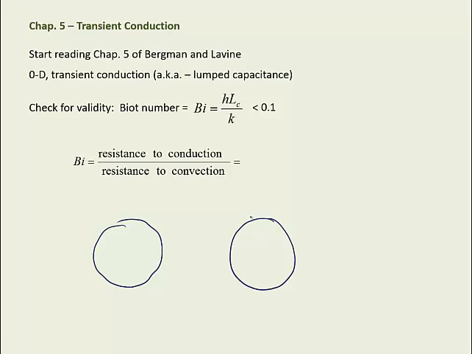If I sketched temperature versus radius, maybe initially I'm at some high temperature, so I want that to look flat, and then it drops off pretty rapidly outside the sphere, so some free stream temperature. And so I know that with time it's going to cool down.